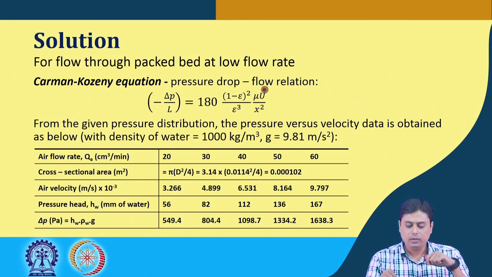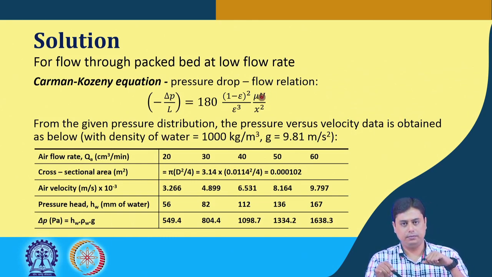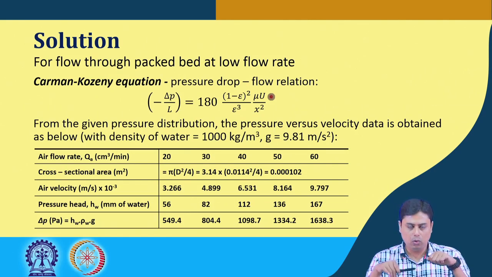Now, the air flow rate value is given. If the air flow rate value is given, you can find out the superficial velocity of air if you know the inlet area through which the air is entering, and that you know because the cylindrical apparatus diameter is already given.